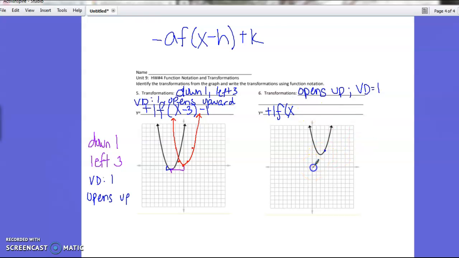So now from the origin, I am moving right 2. So that means for my horizontal translation, inside here, I'm going to have x minus 2, because remember signs are opposite.